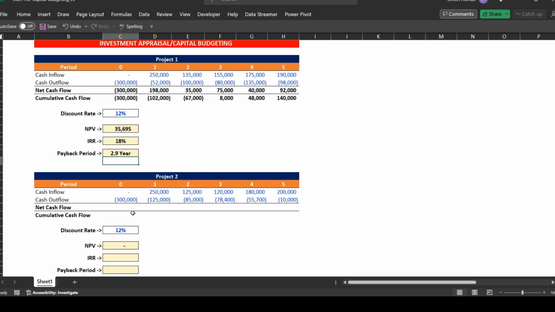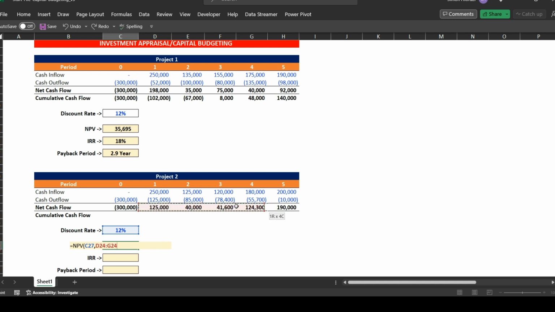Okay, let's also do the same thing for project 2. So here we are summing all this as well, this inflow plus the outflow there. Let's highlight all this. Now let's also find the NPV here. So NPV: the rate here, comma, then highlight all the net cash inflow starting from year 1.